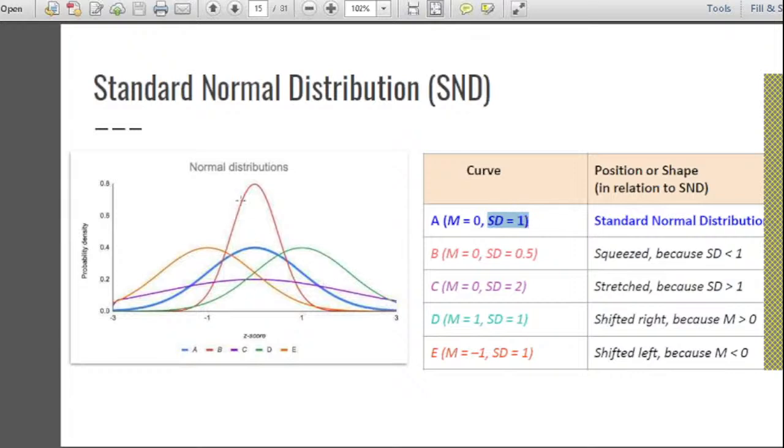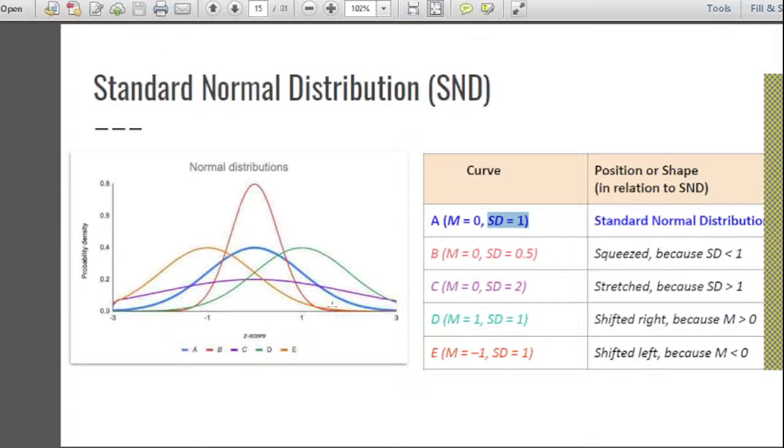Now just observe blue and red and tell me where you think there is more variability. Blue, right? And blue has a standard deviation of 1. So, can you tell me what will be the standard deviation of red?